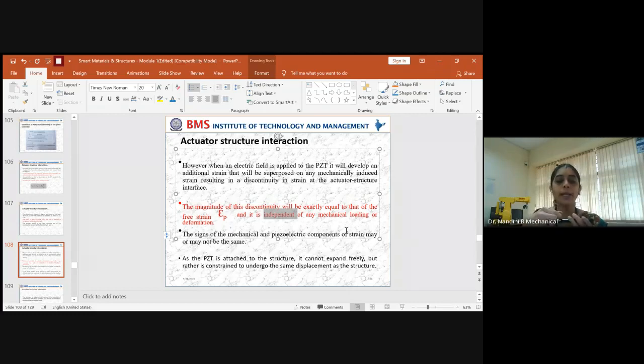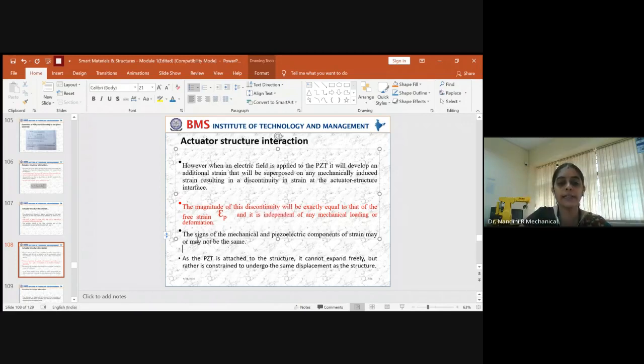So this magnitude of discontinuity between the structure and the actuator is totally independent of the deformation taking place either in the structure or in the actuator. So this is the next concept that you have to keep in mind.